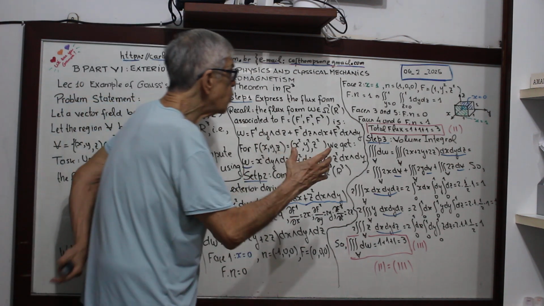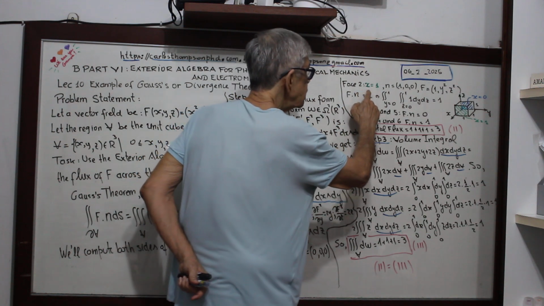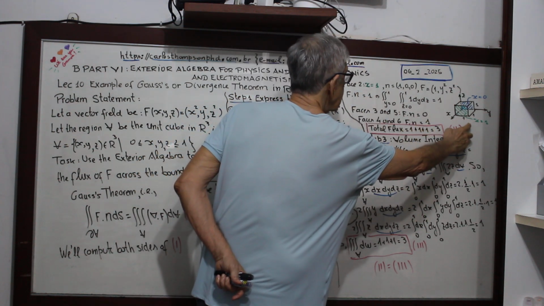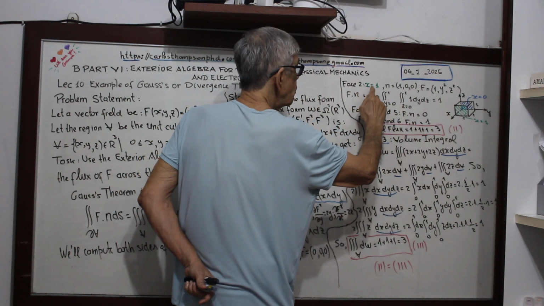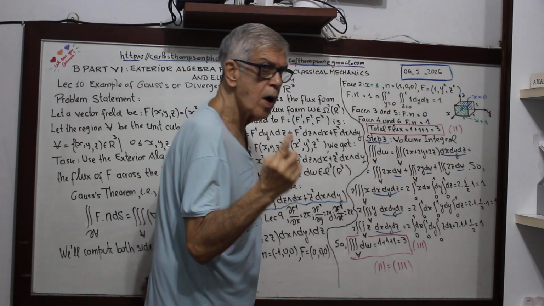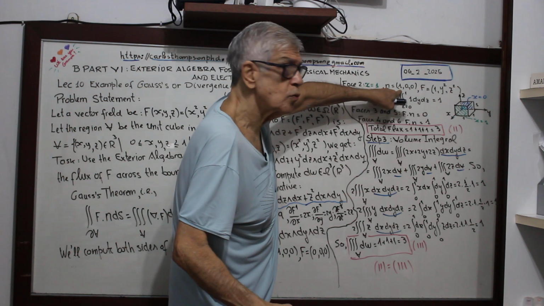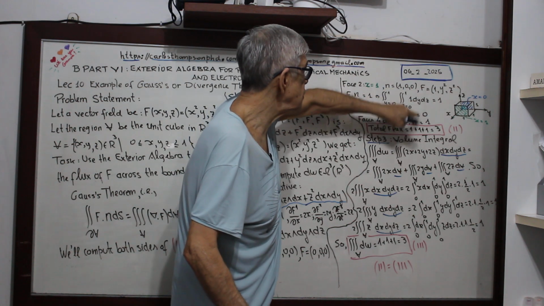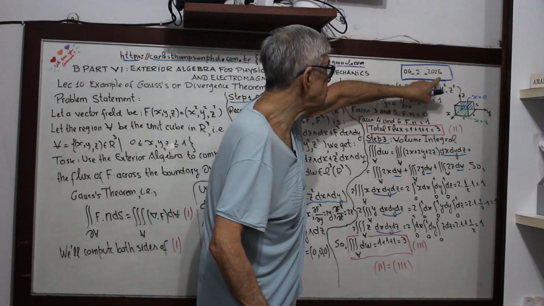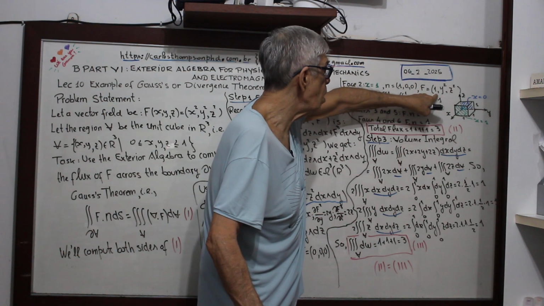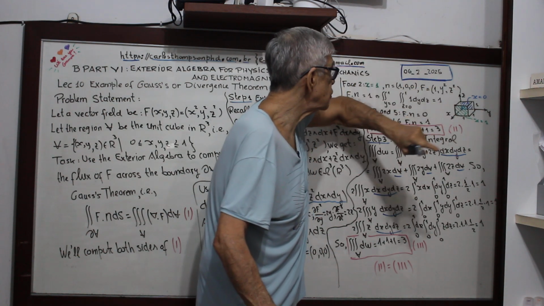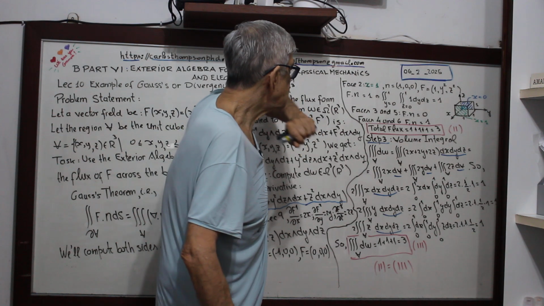Likewise, face 2, the green one, in which x is equal 1. So n is (1, 0, 0) here, and F is (x², y², z²), where x² is now 1.